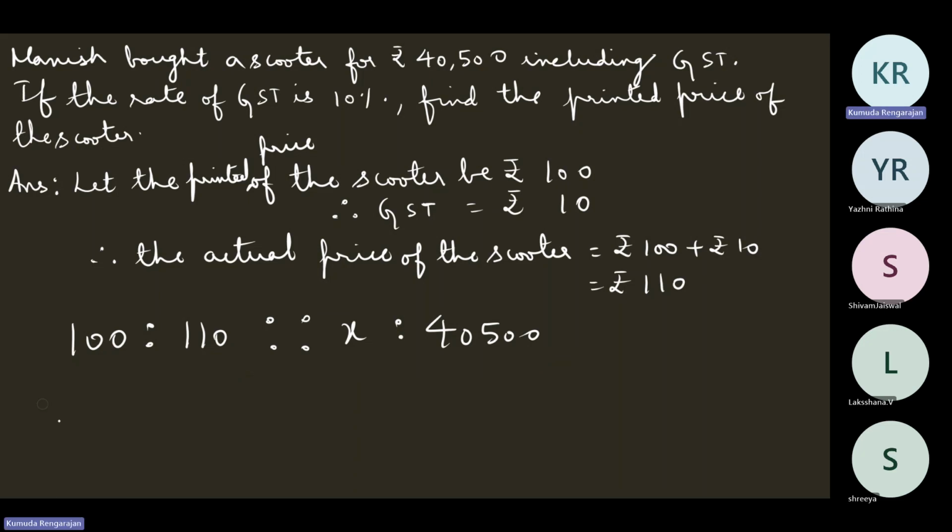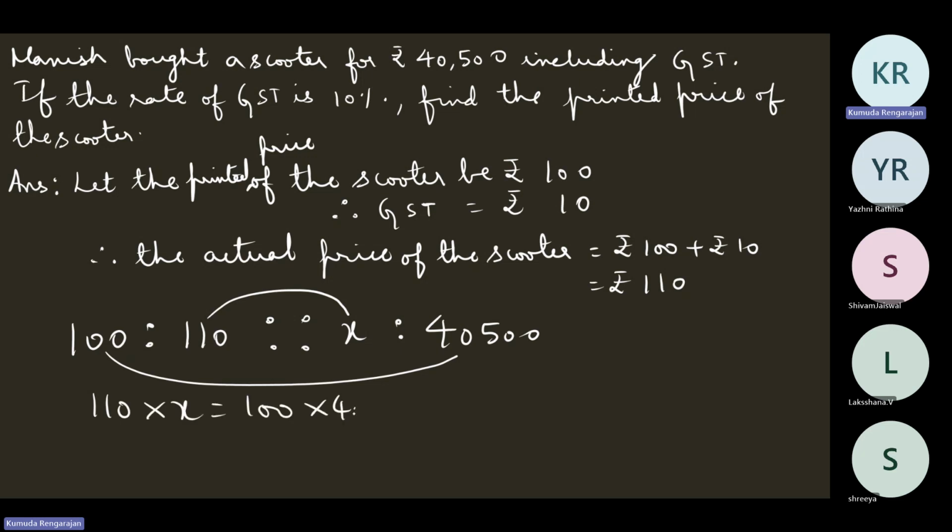Now, how do we work this proportion? Product of means is equal to product of extremes. So 110 into X is equal to 100 into 4,500. So X is equal to 100 into 4,500 divided by 110.